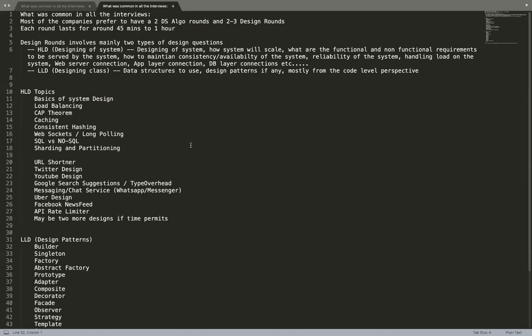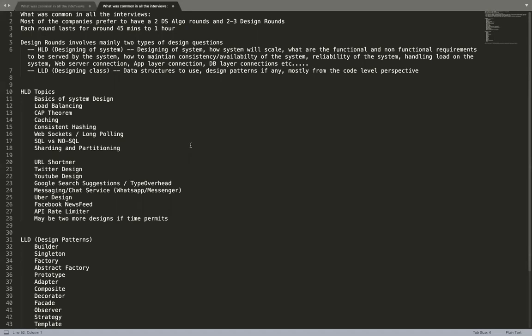We'll talk about each of these terms in detail, and how to understand if a question is a high level design question or a low level design question. Maybe I'll try to explain with specific examples. Also, we will talk about the different topics you need to prepare for when you're preparing for high level as well as low level design.